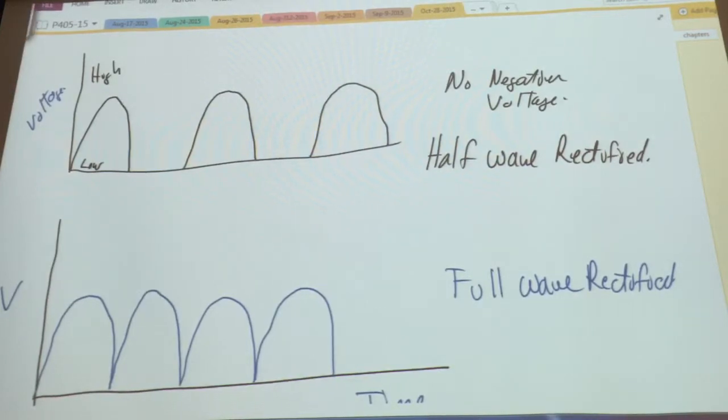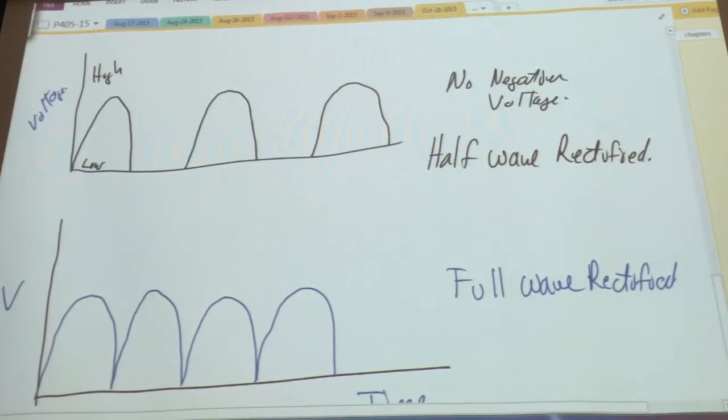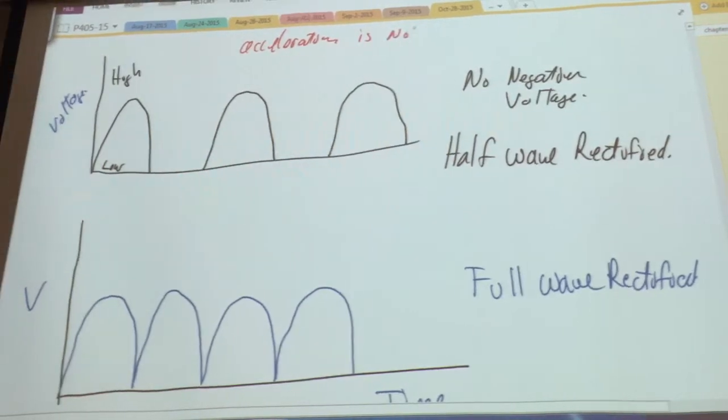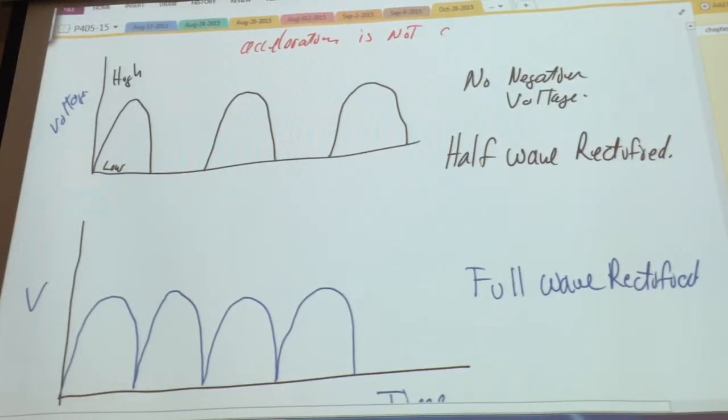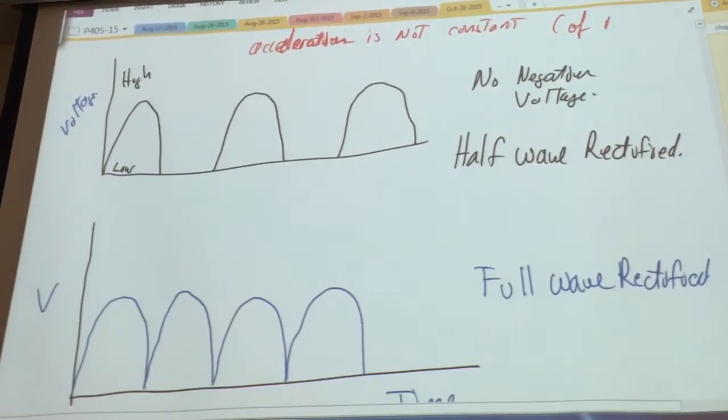So that is a really important feature: the acceleration, and this is of the electrons, is not very constant.